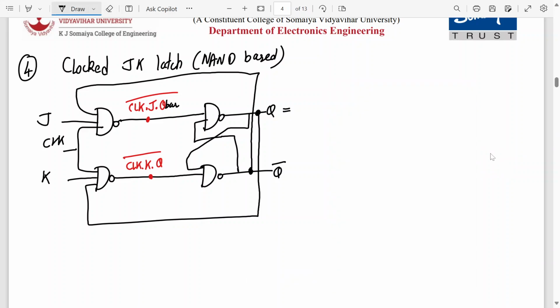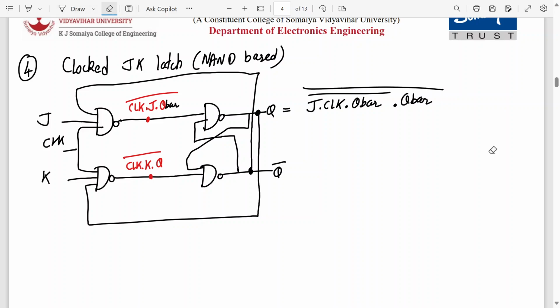Q is J dot clock. Now it will come Q bar, right? That's what I was wondering, why it is coming Q. So this will be Q bar dot, what will it be? Q bar, the whole bar. That's why I'm writing this bar like this.